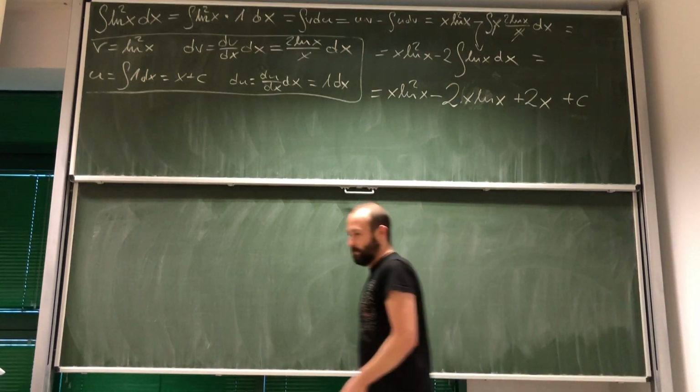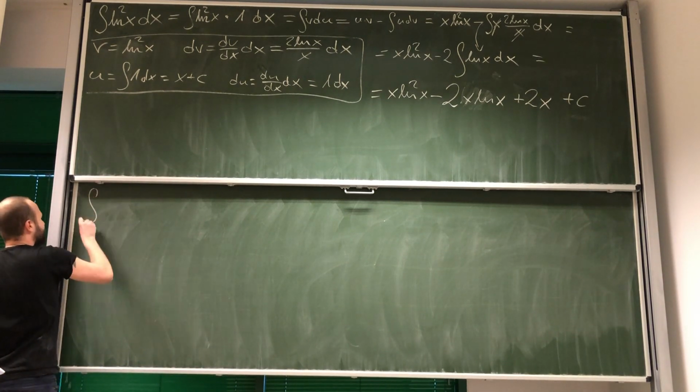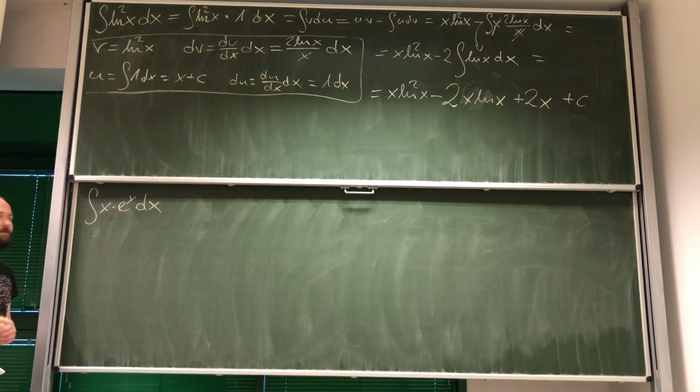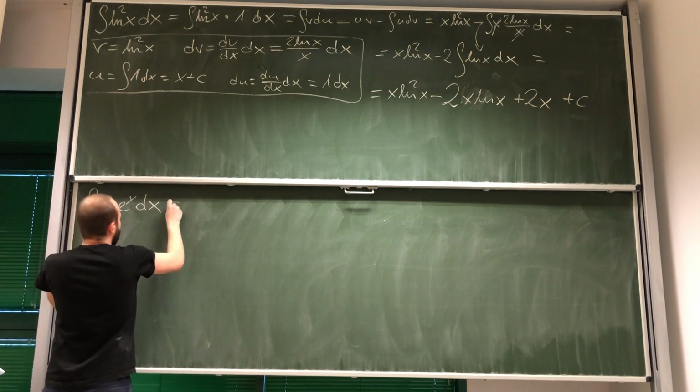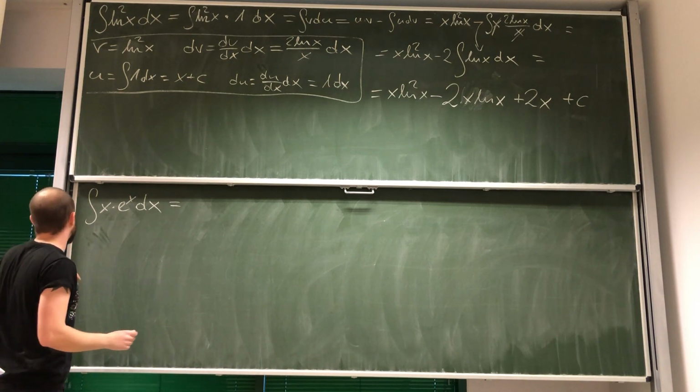Okay, so now let's just say that we need to integrate expression x times e to the power of x dx. Okay, how do we go about this one? Look, which should be v, which should be u? Doesn't really matter. I think I'm going to choose it like this.